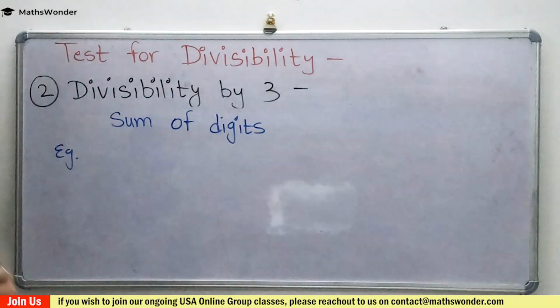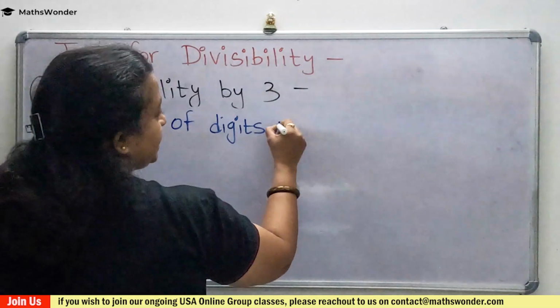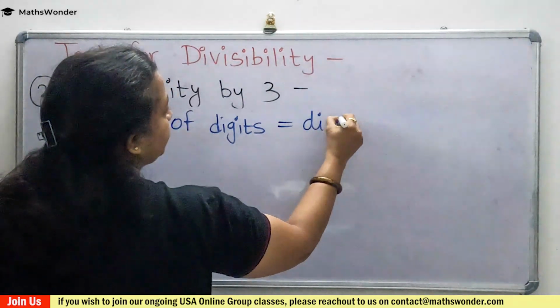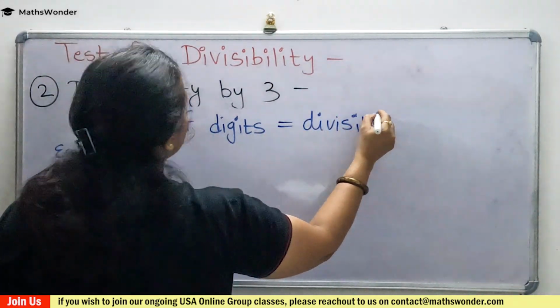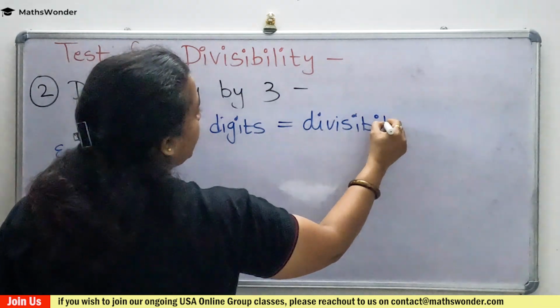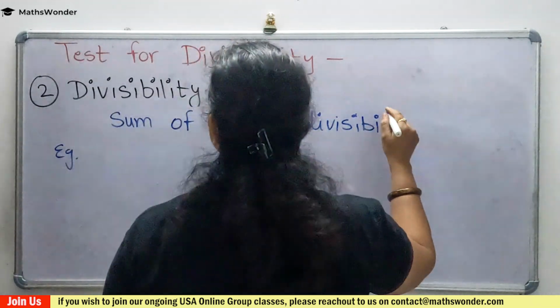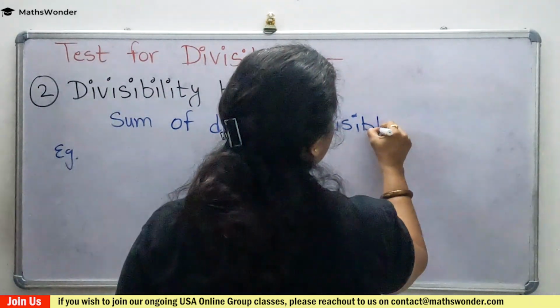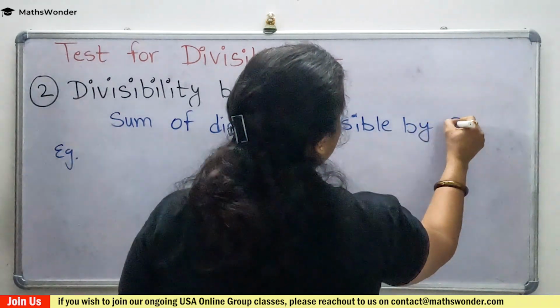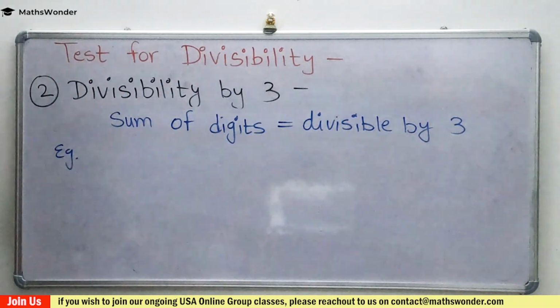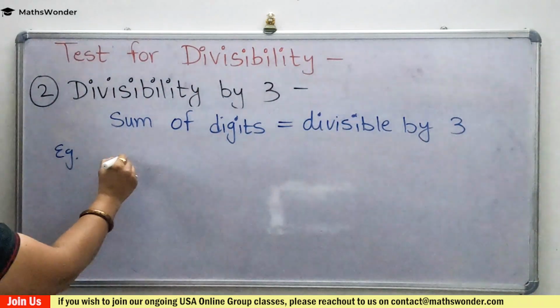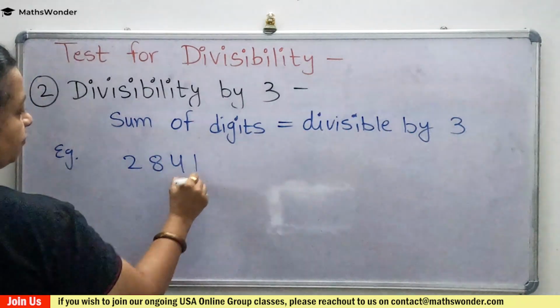Okay, any digits. So a number is divisible by 3 if the sum of the digits of the number is divisible by 3. I am writing it in a short way. Then the whole number is divisible by 3. For example, 2841.